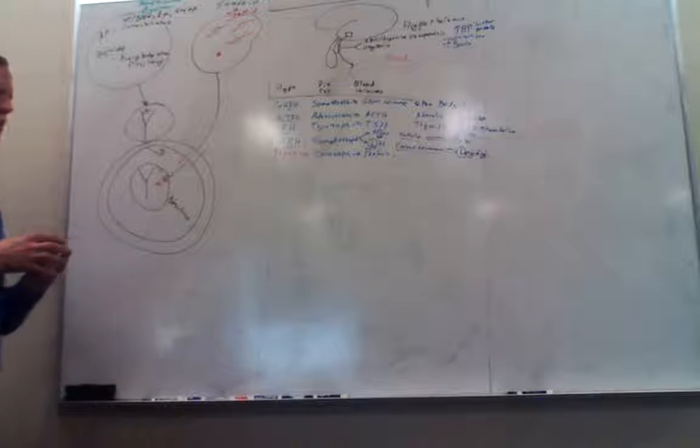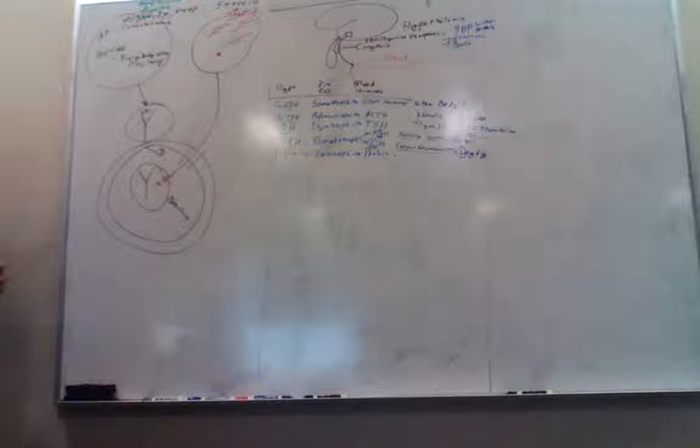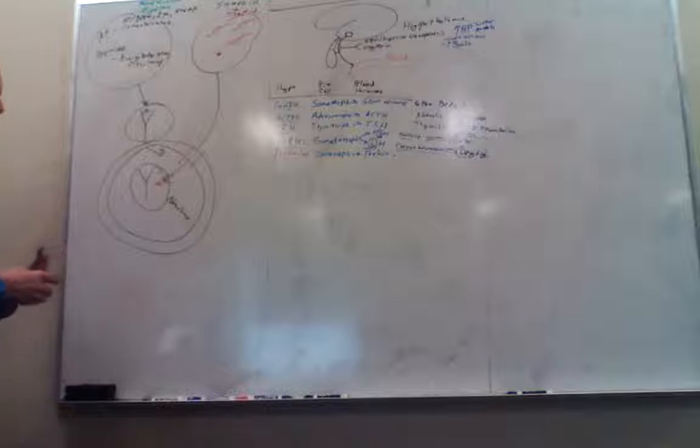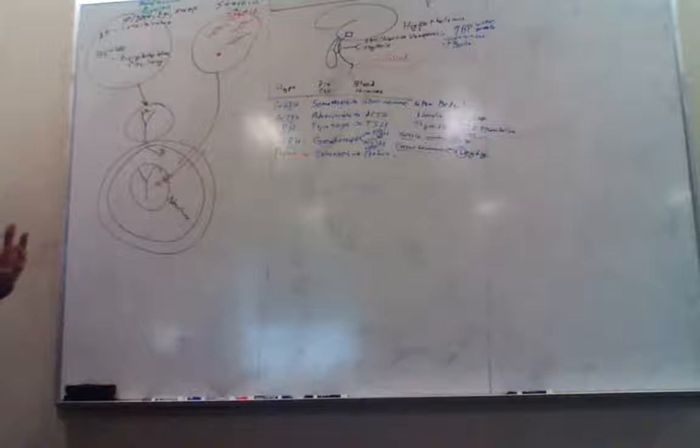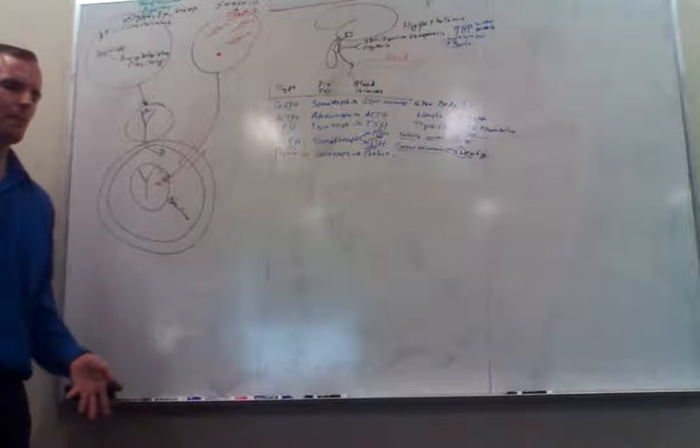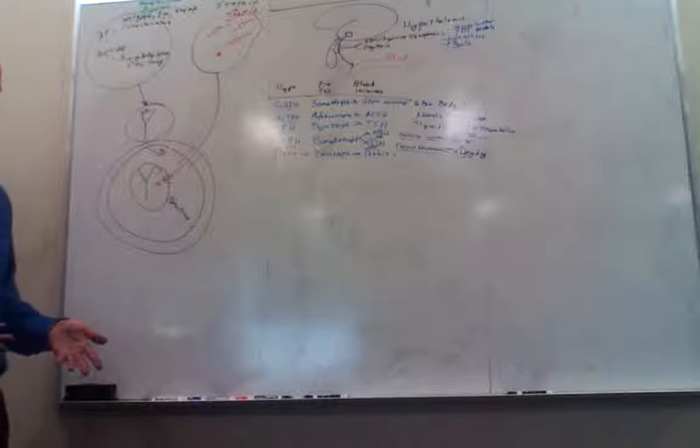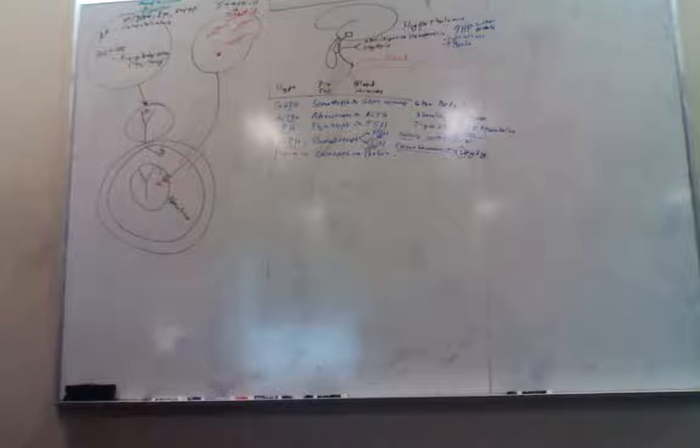That was GHRH, growth hormone releasing hormone. That's going to act on what kind of cell? Knowing that growth hormone affects the whole body, it is the somatotrope. The somatotrope is going to have what inside of it that it's going to dump into the bloodstream? Growth hormone.